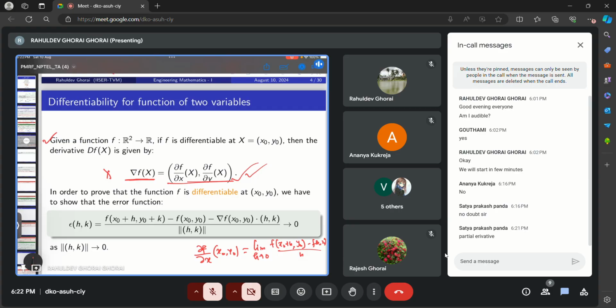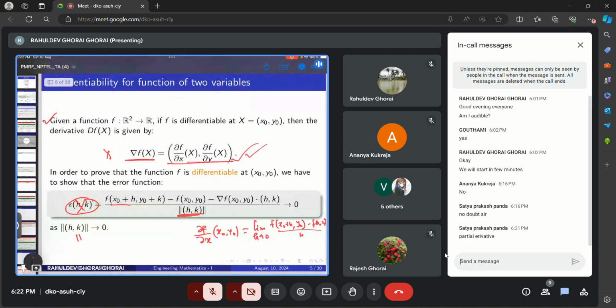But when the function is differentiable, you forget this part. So the ratio, f of x naught plus h, y naught plus k minus f of x naught y naught minus the gradient of f at x naught y naught dot h k, over the norm of h k, which is the square root of h square plus k square. Okay, don't get confused.